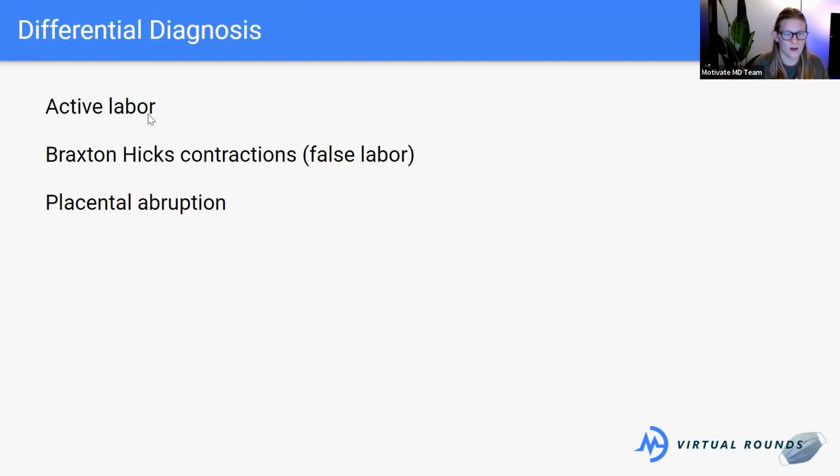That can cause a lot of bleeding into the uterus, and it cuts off the baby's oxygen supply. It's very dangerous for both mom and baby. So if a patient comes in with contractions, you want to ask them about any vaginal bleeding or anything out of the ordinary, to make sure they're not having any scary complications like this.